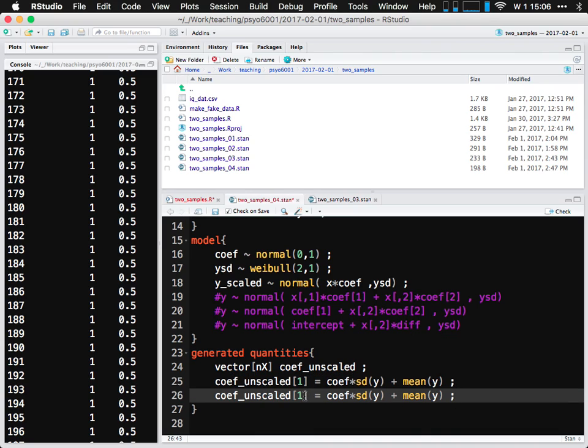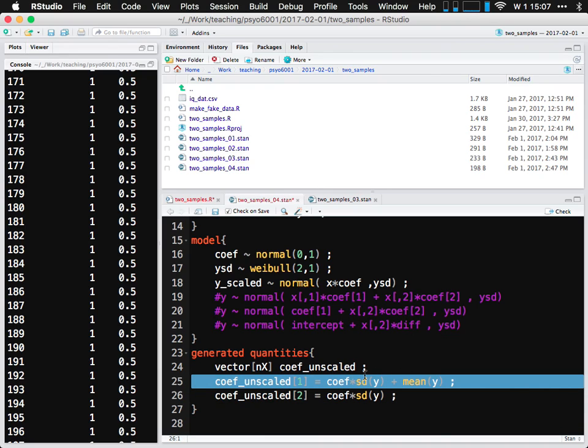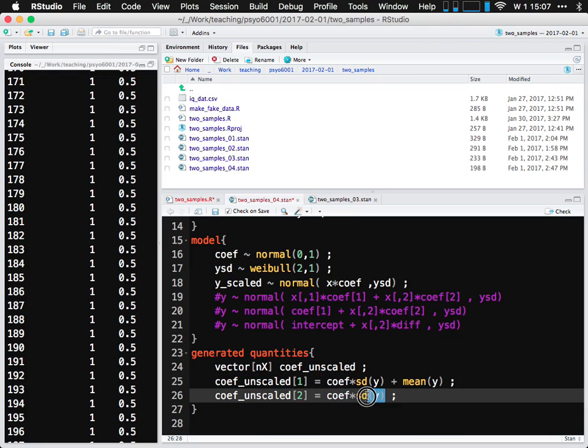And for the second one, with the difference, we have to multiply by the standard deviation of y because the difference is on the scale of z's in the coef, but we don't add back in the mean because the mean only affects the intercept, and all the other ones are scaling coefficients, so we just need to rescale them.